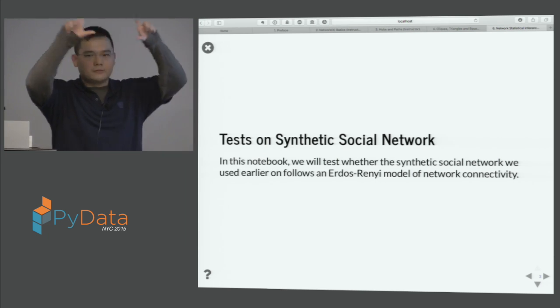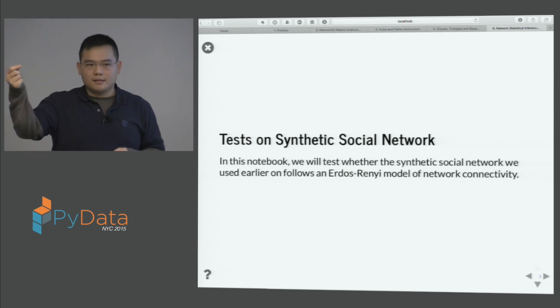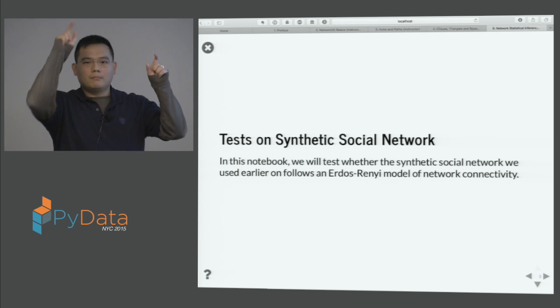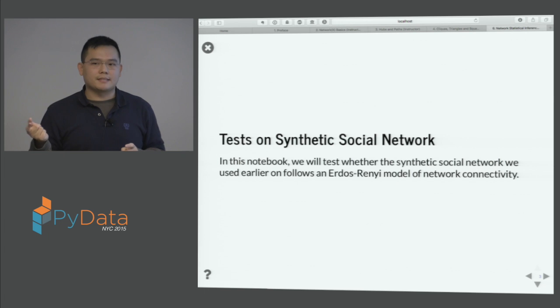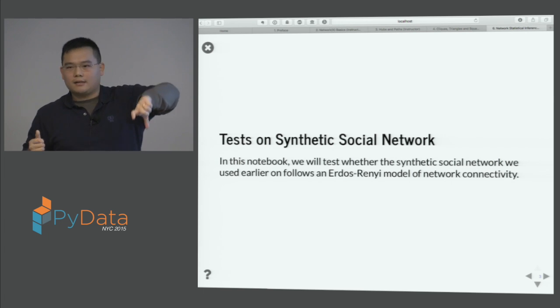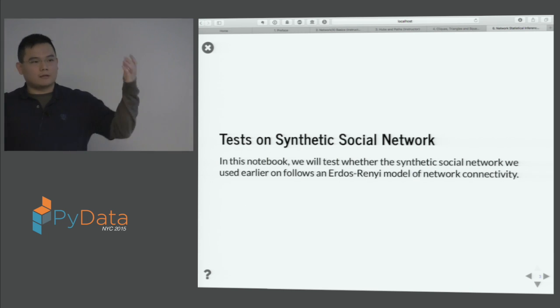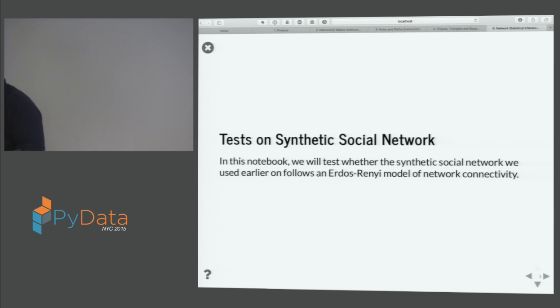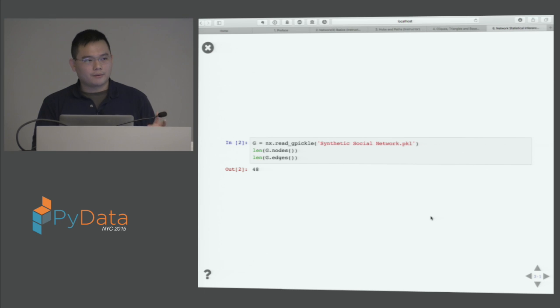If I have a set of nodes, and I put in a probability P, then every possible edge has the probability P of existing. So we're flipping a coin, iterating over the edges, and saying, do we add an edge? Do we not add an edge? And then we'll get some distribution of edges across the network. All right? So if you could read in the synthetic social network that I've provided, and just very quickly requery the number of nodes and edges.